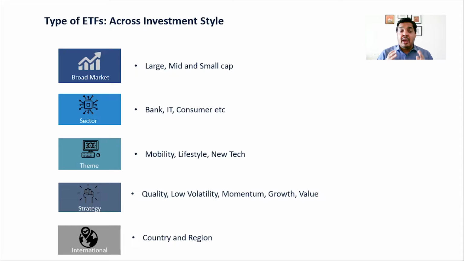So for example, if HUL has the lowest volatility in a low vol factor based ETF, then the actual weight will be higher compared to a company which has relatively higher volatility. And these smart beta indices can be based on multiple factors.